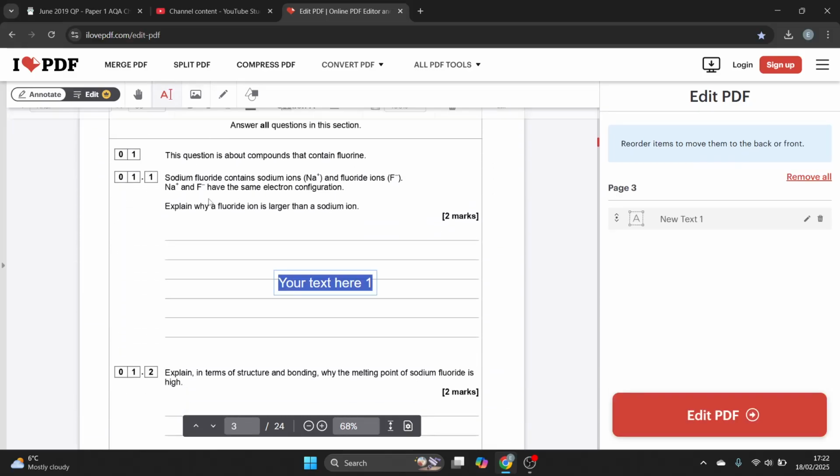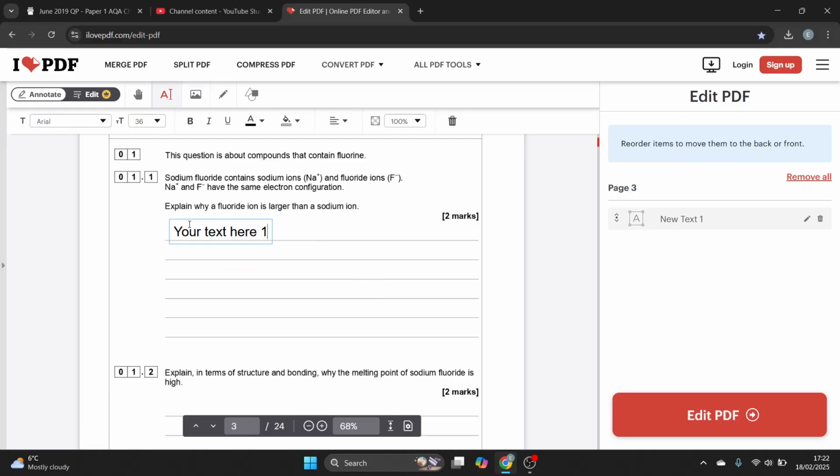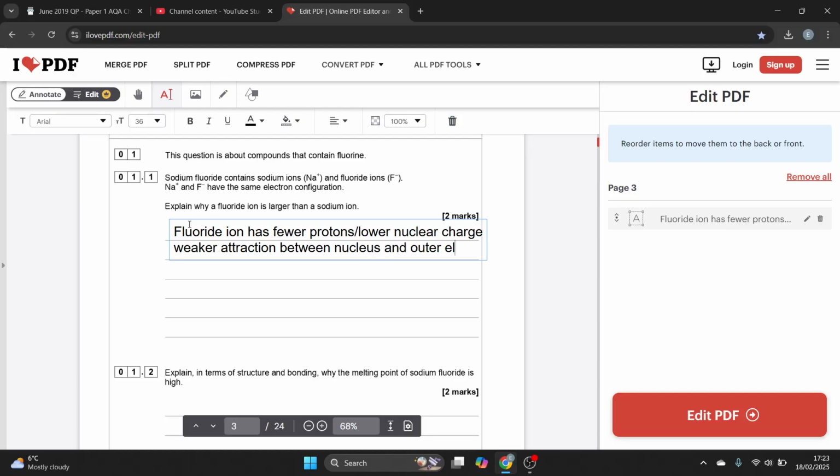Explain why fluoride is larger than a sodium ion. Na+ and F- have the same electron configuration. Fluoride ion has fewer protons, lower nuclear charge, so weaker attraction between nucleus and outer electrons.